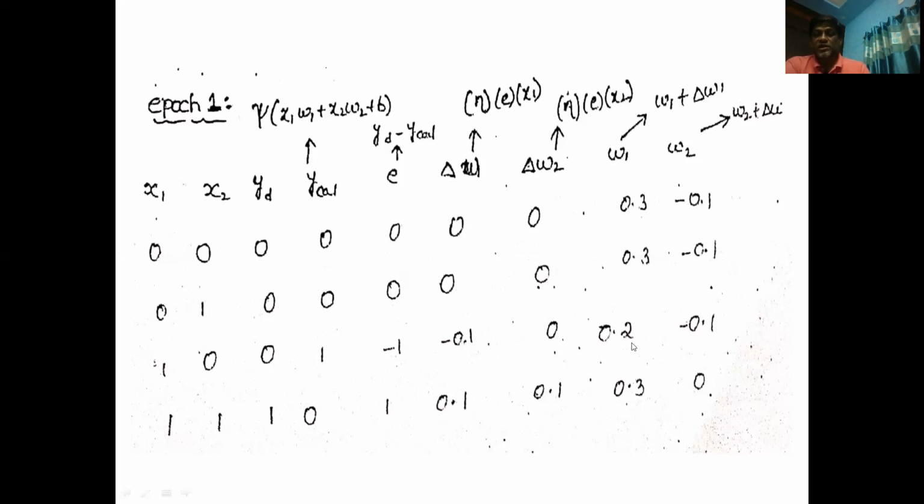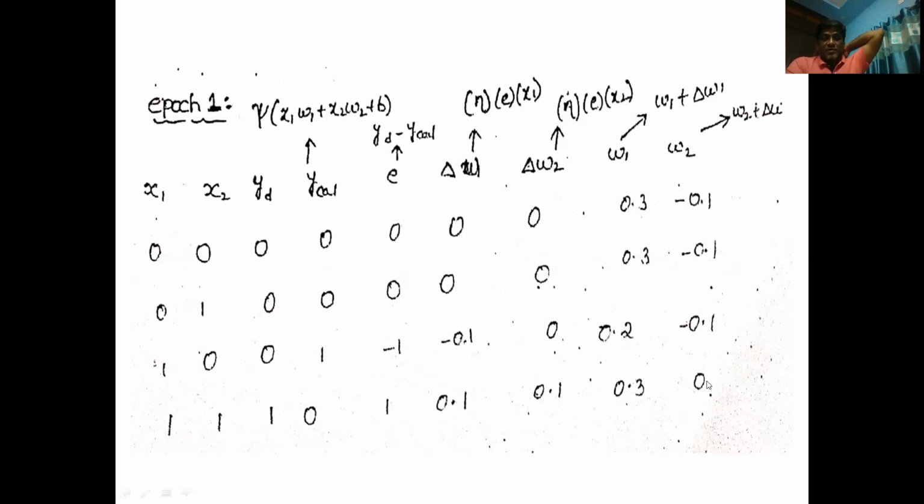Therefore, we calculate W1 as previous value plus delta W1, that is 0.2 plus 0.1, which becomes 0.3. Previously W2 was minus 0.1. Now we add plus 0.1, and it becomes 0. So the updated weight values are 0.3 and 0.